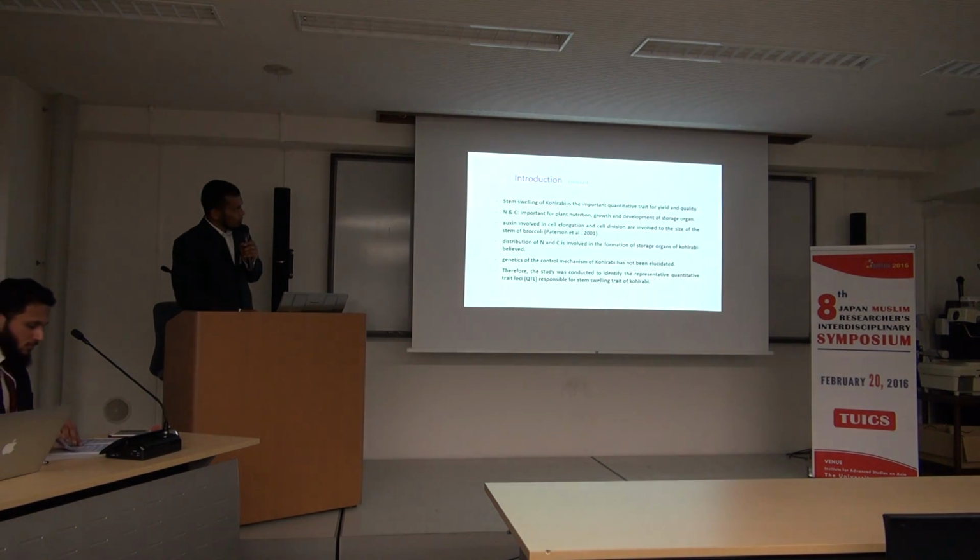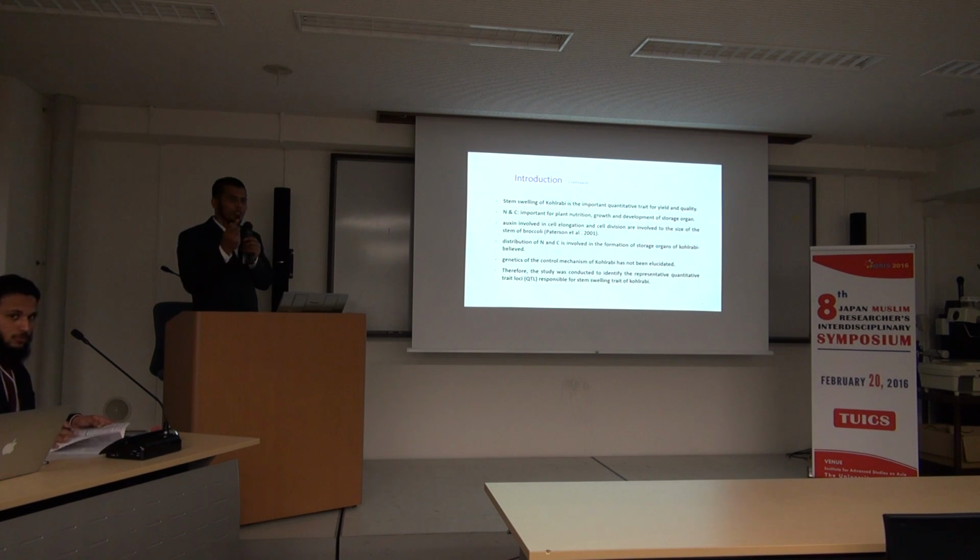Stem swelling in kohlrabi is important because in kohlrabi we eat the stem. Some other crops like potato also have a stem swelling pattern, especially vegetables. So we think the mechanism of stem swelling is more or less the same.